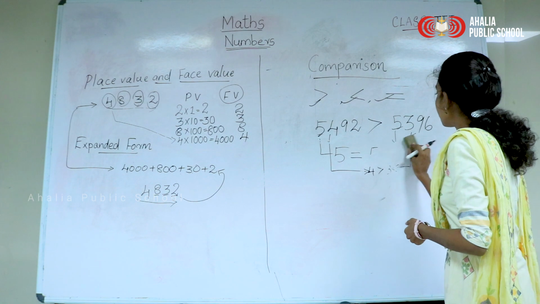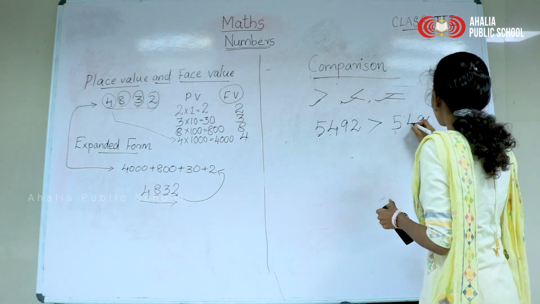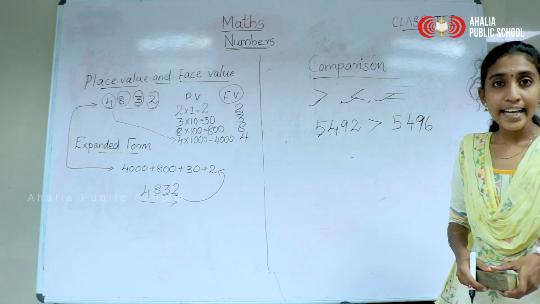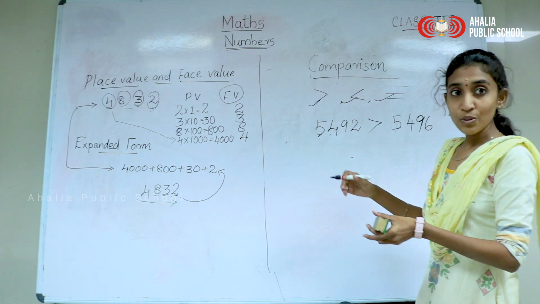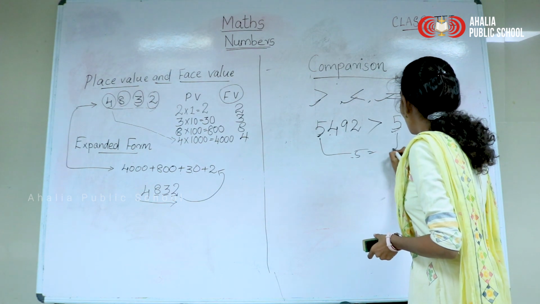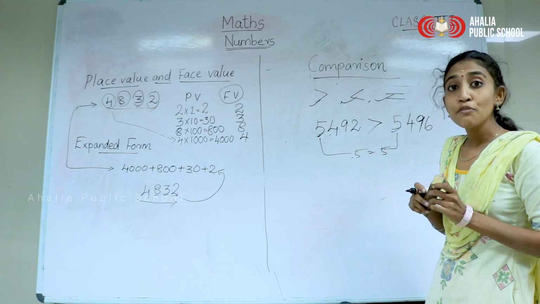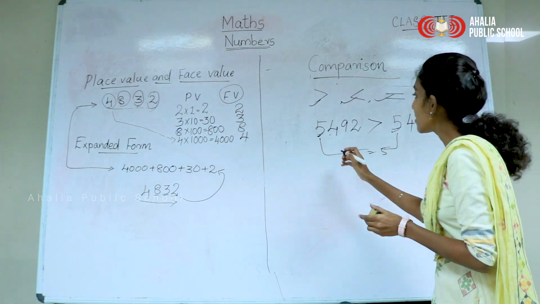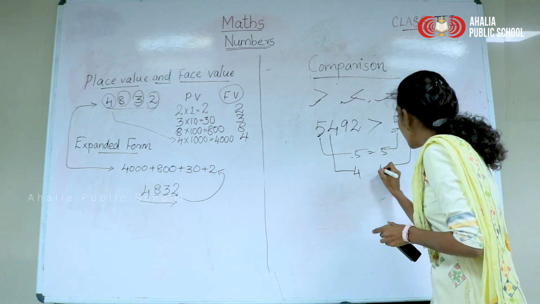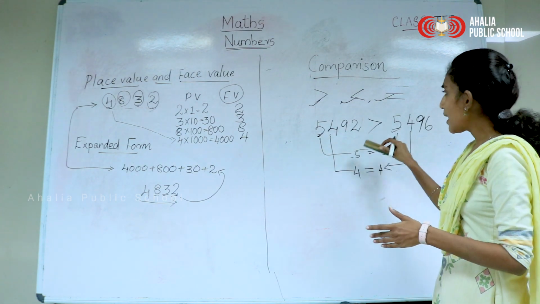Okay, so again we'll compare these numbers. We compare 5 to 5. 5 is again equal to 5, so we move on to the next number. That is 4, and here also it is 4. So 4 is equal to 4. We can't conclude, right?